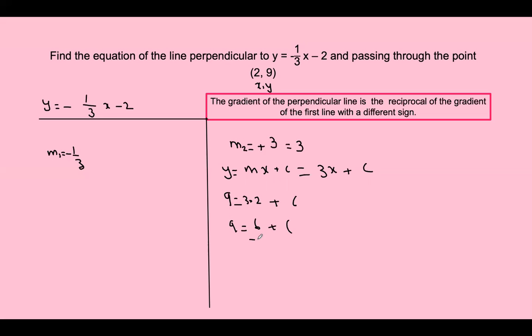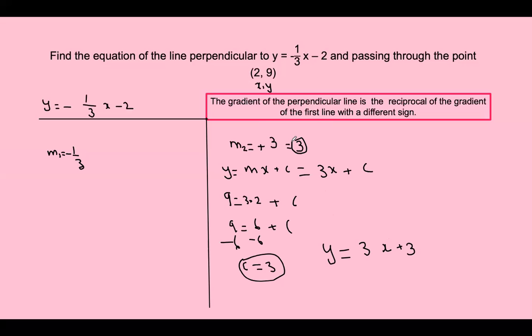Take away 6 from both sides, and then c equals 3. So we have the c, we have the m, which is 3, and the new equation of the line that is perpendicular with the first line is going to look like this. Y equals 3x plus 3.